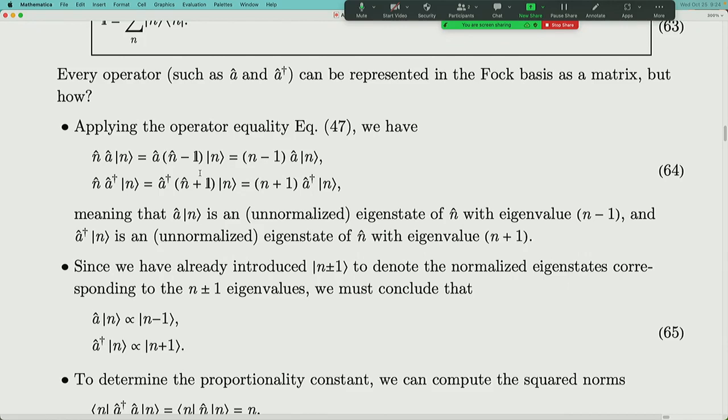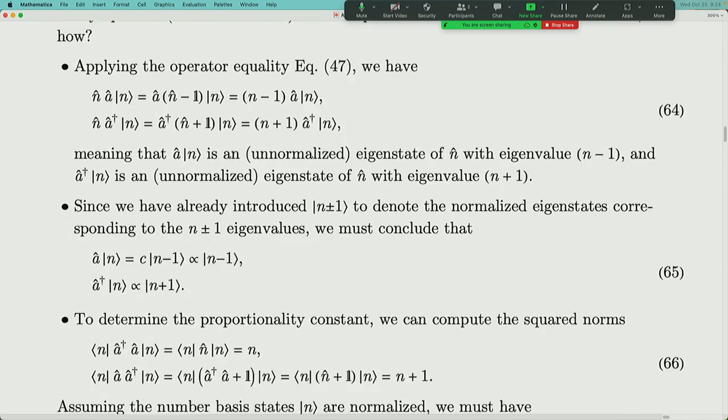So the n state is normalized. The n-1 state is also normalized. But maybe A acting on the n state will give you something that is proportional to n-1, but not necessarily equal to n-1. Because for any eigenvector, if you have some proportionality, maybe I can just write it like that. It is proportional to n-1, meaning that there is an unknown coefficient c in front of that.